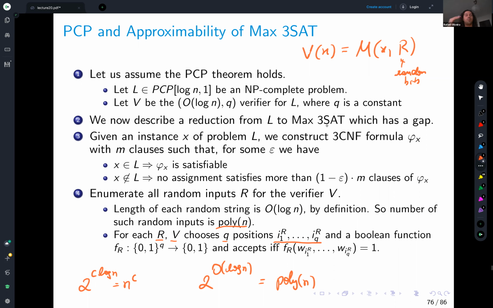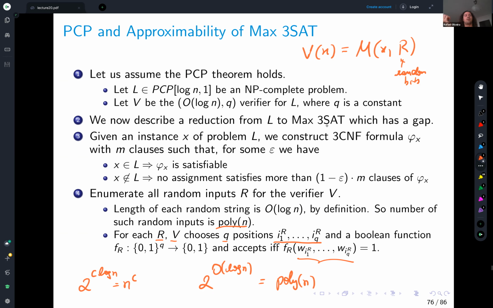And from these positions, we have a Boolean function from {0,1}^Q to {0,1} that accepts if and only if this function is 1 when I see the Q elements of the proof. Does that make sense? That's what V is doing, because a deterministic algorithm is a function from x to {0,1}.